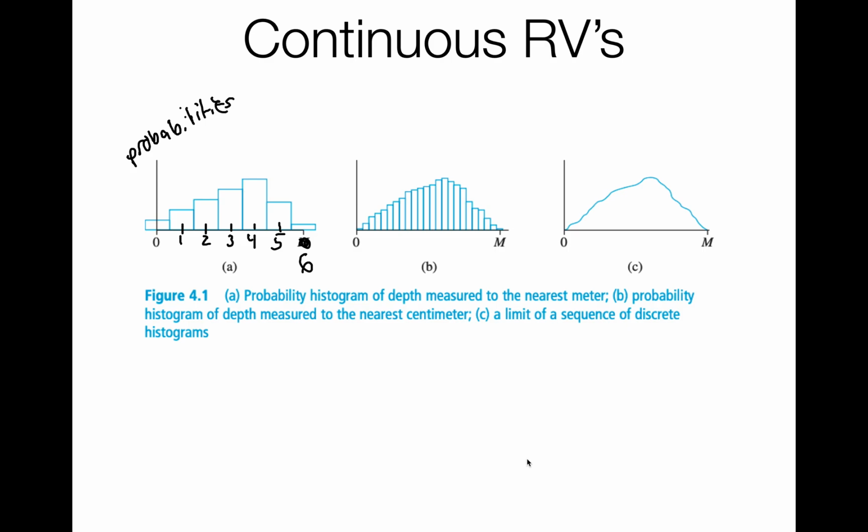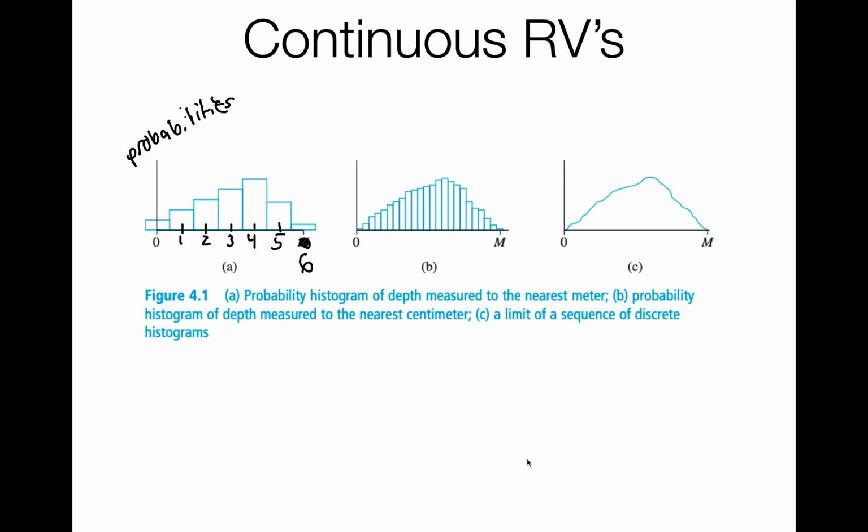So now the question is, what if we add more in? What if we measure now not to just the nearest meter, but the nearest centimeter? And so that's going to create a probability histogram with many more bars, as we see in the middle.